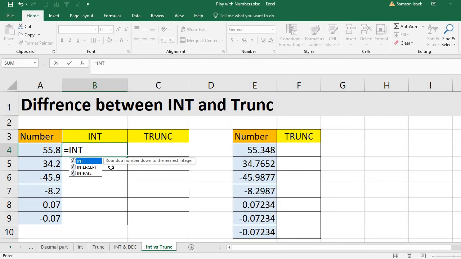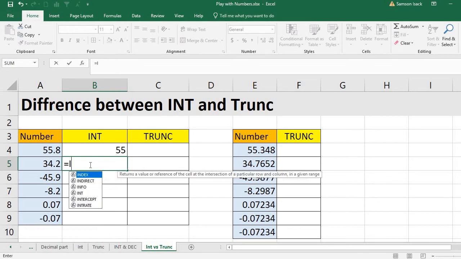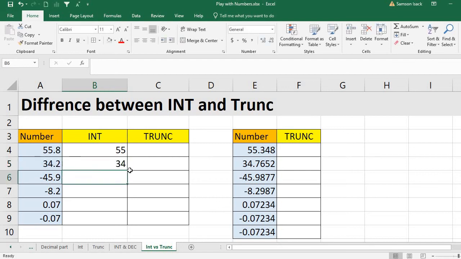If you apply INT on the number 55.8, what happens? You will see it is 55. Very fine, it returns 55. This is the integer part of the number. If I do the same with 34.2, it is also 34.